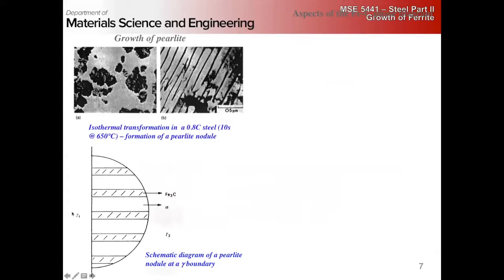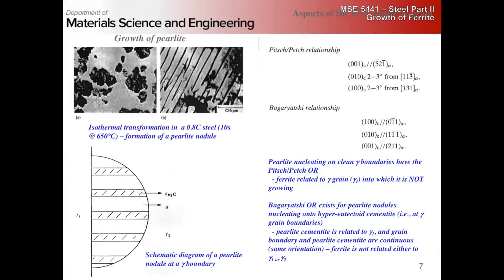So this is austenite grain 1 here, austenite grain 2 here. We're growing into this, right? So we have two different orientation relationships that are commonly observed. And again, this is not one that you have to memorize. But if we nucleate on a clean boundary like this, pearlite takes what's known as the Pitsch-Petch orientation relationship, right?